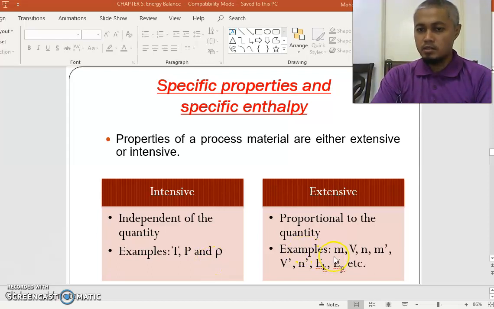Examples are mass, volume, mole, mass flow rate, volumetric flow rate, molar flow rate, kinetic energy, potential energy, etc. If I give you 1 cup of jelly and ask you to take 1/3 of it and put it in another cup, the mass will be 1/3 of the initial value.